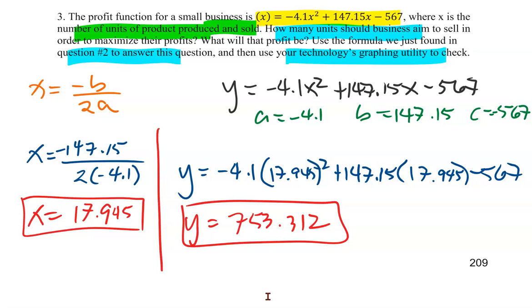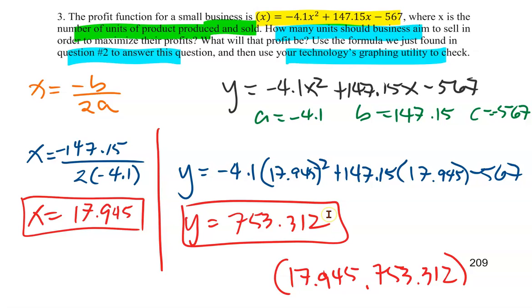When we substitute the value of x into the given function, y equals negative 4.1 times 17.945 squared plus 147.15 times 17.945 minus 567, we get our value of y, 753.312. So you can say that the point of intersection is at 17.945 and 753.312.